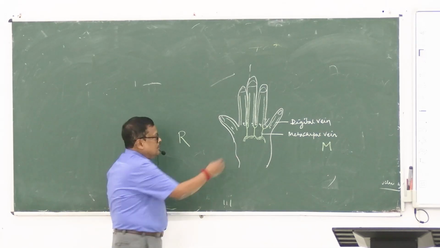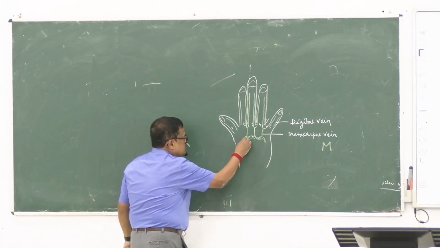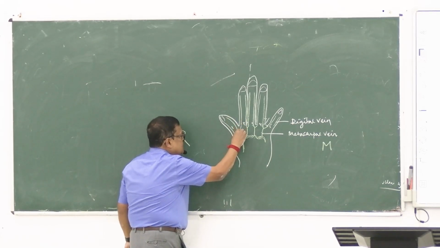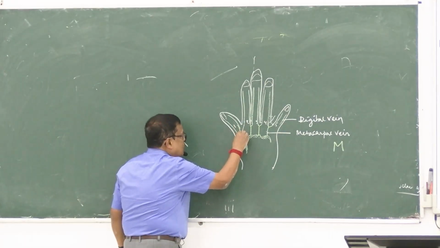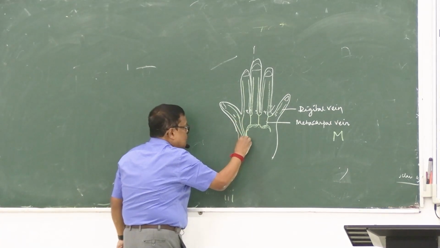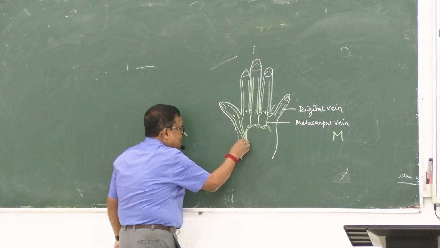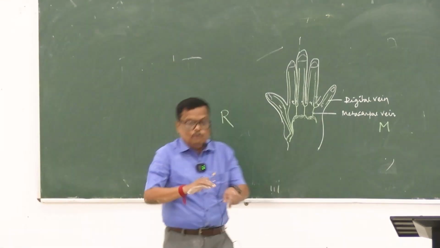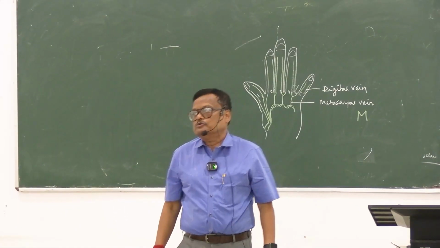At the lateral end of the dorsal venous arch, this vein from part of the index finger and 2 veins of the thumb join together to form a vein known as the cephalic vein, in the roof of the anatomical snuff box.